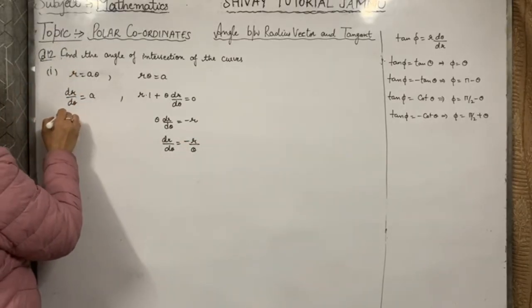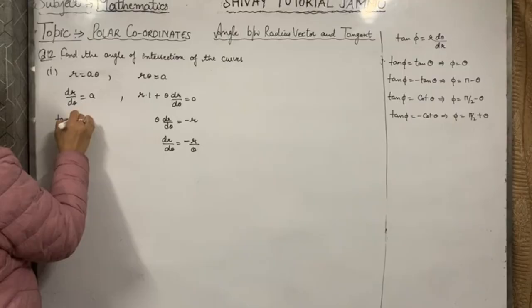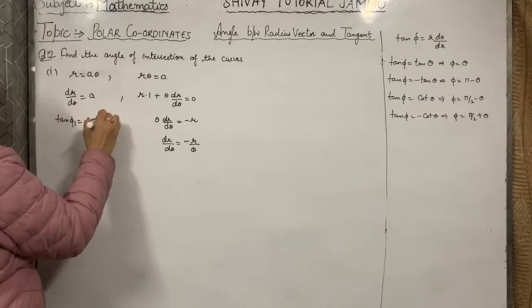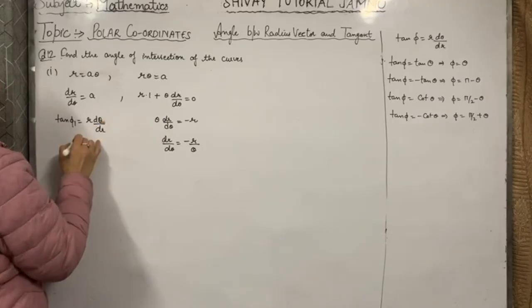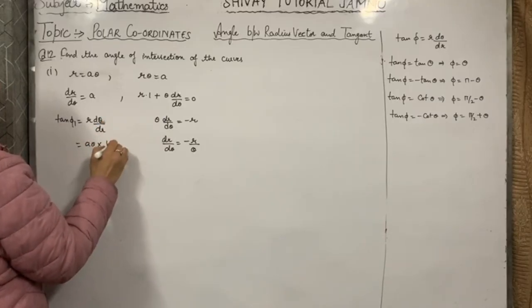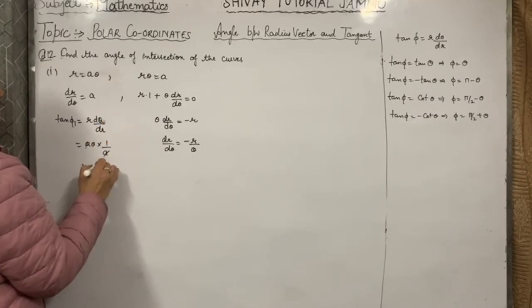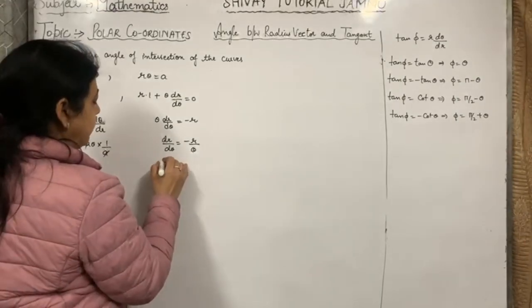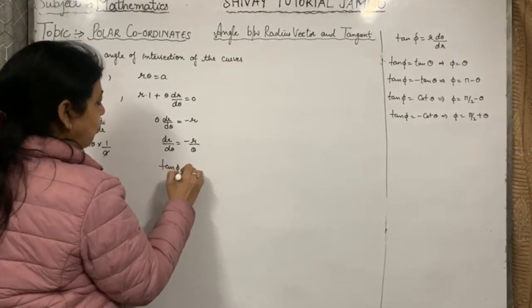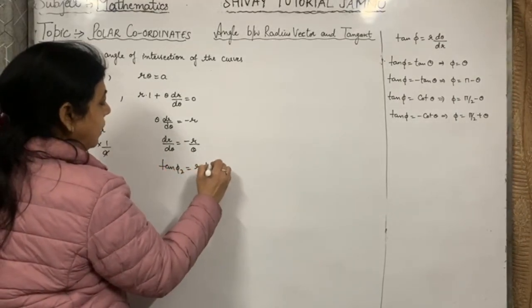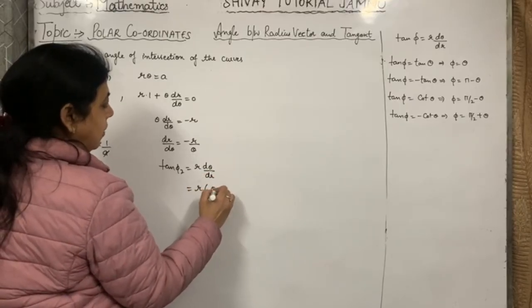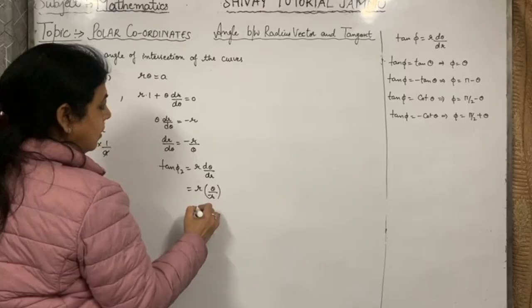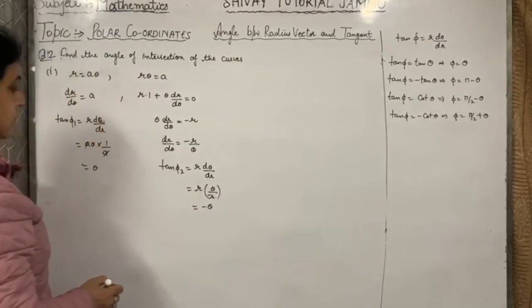Okay, for the first case, tan phi 1 is r d theta by dr, that is a theta into 1 by a, this is theta. And for the second, tan phi 2 is r d theta by dr, r theta by -r, this is -theta.